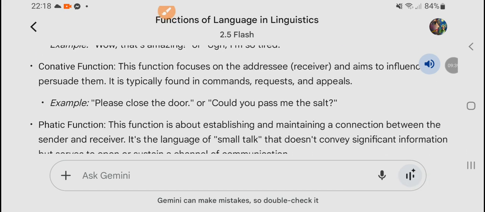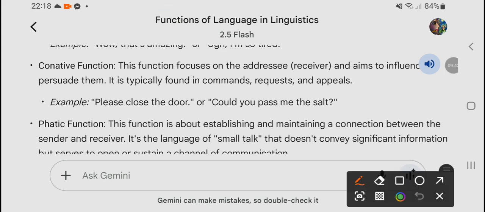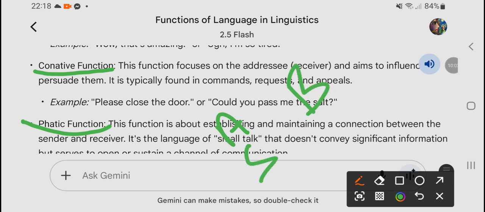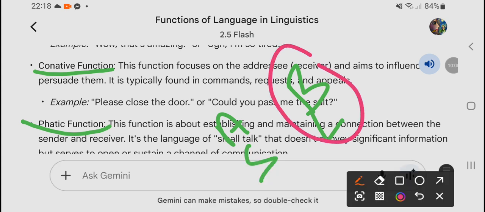Now next is conative function. The conative function focuses on the addressee, the receiver. Sorry, the upper one was addresser. Here there are two, A and B, right? A is the speaker, B is the listener. So here the function is on this one.